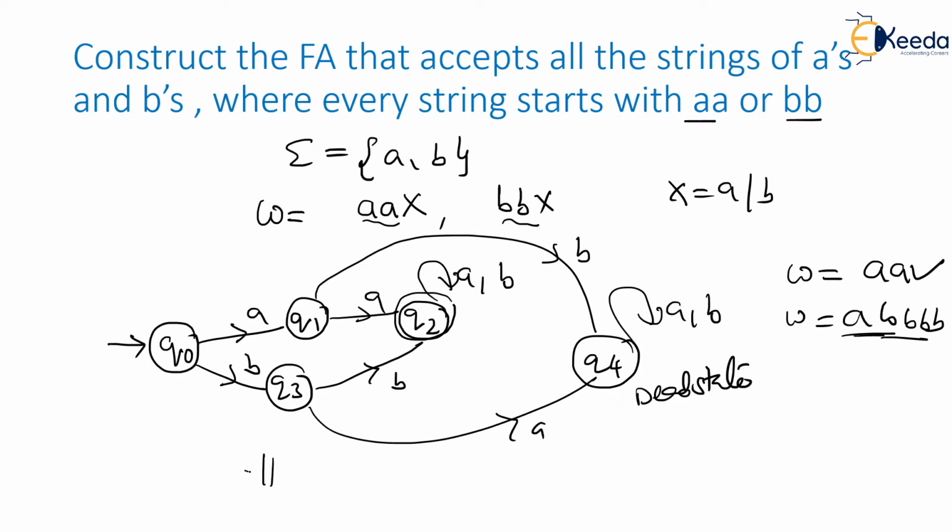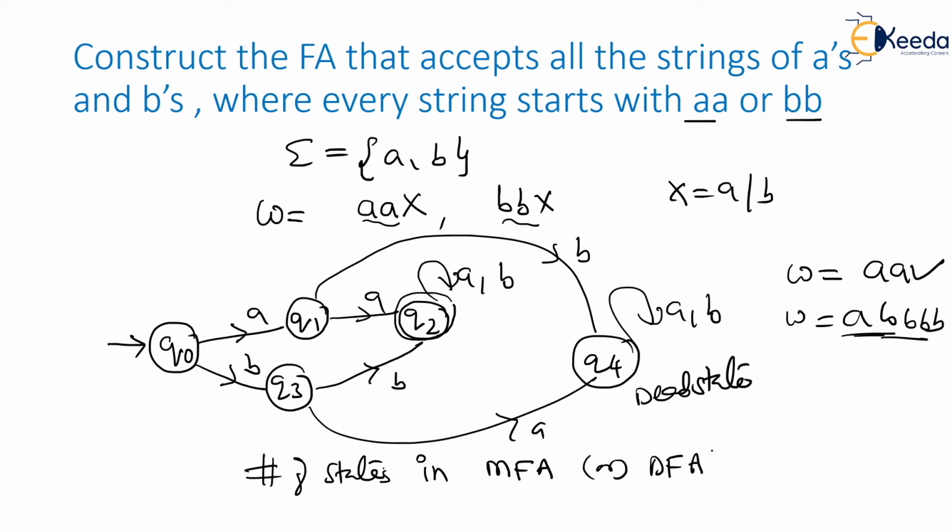Now the question is the number of states. The question will be like this: the number of states in the minimal FA or DFA will be the same only, because in this case the DFA and minimal FA both have the same states. The reason is you might not have the differentiation between minimal FA and DFA, right? Minimization we will learn later.